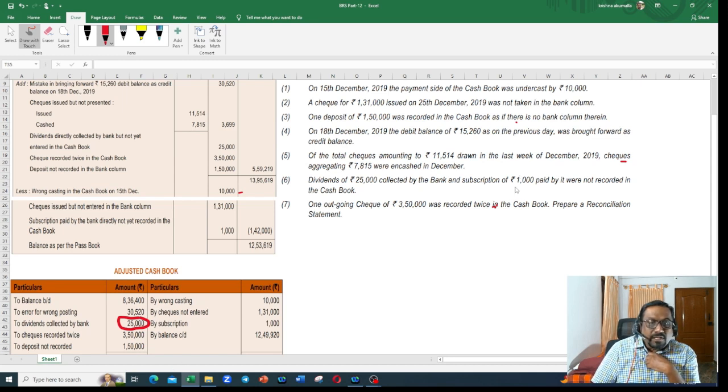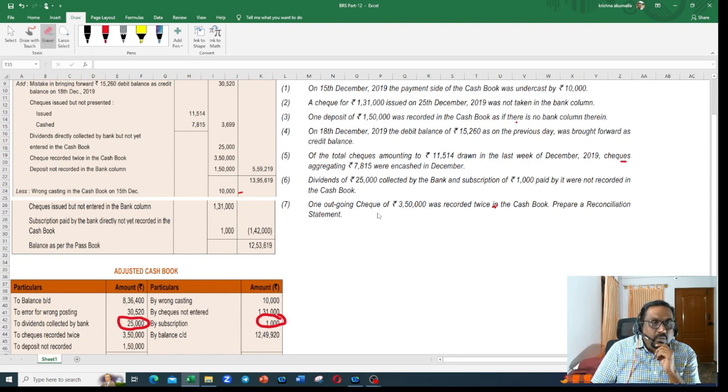In a similar way, 1,000 worth of subscriptions paid, but not recorded in the cash book. Now you see here, this 1,000 subscriptions was recorded in payment side. Clear? Right.